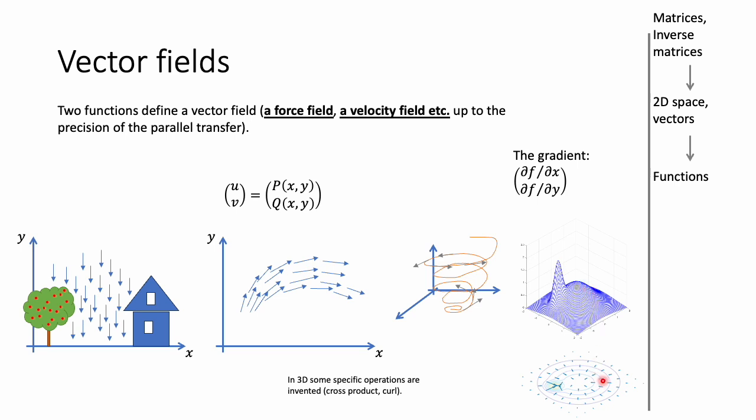Therefore, the gradient is non-zero. It's visible as a little arrow here, and it points towards the hump. And again, at the margin here, the function almost doesn't grow, and the vector almost vanishes too.